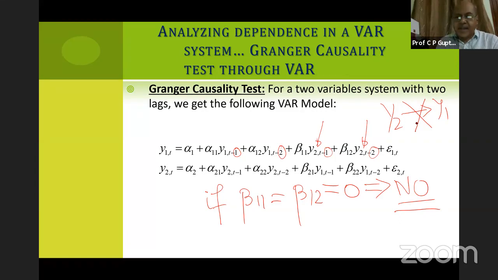Jitinder Kumar is asking, can we use a t-test here? No, it's a joint hypothesis. You can make use of the f-test here and not the t-test. But if you want to test them separately, yes, you can do it, and most of the time we do it separately. If you are doing separate tests on the betas, then the t-test is used.